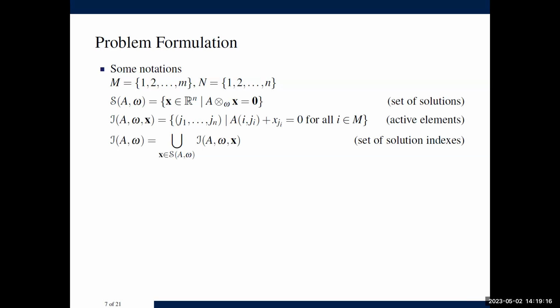Because we know that the right-hand side is 0, the element of A at row i and column j_i is called an active element. When we collect all active elements into a tuple like this, we call it the solution index. And this one is the set of all possible solution indexes.